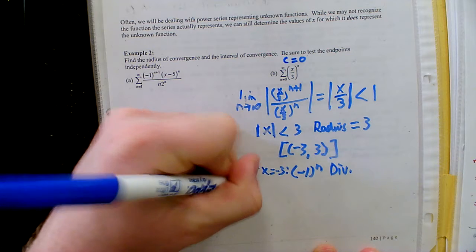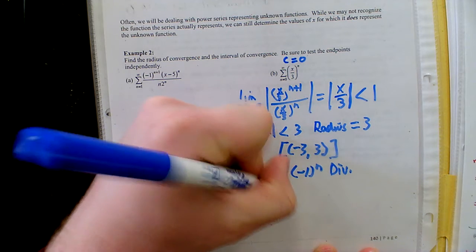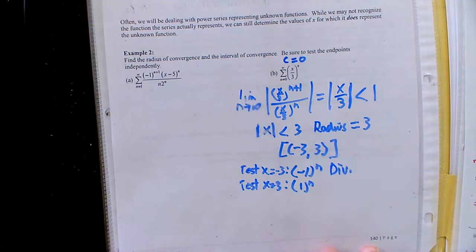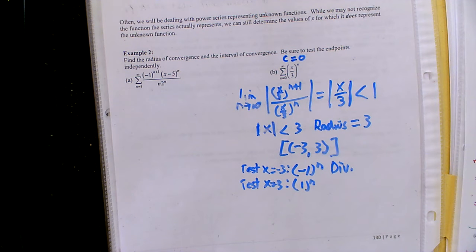Okay, let's test x equals 3, which that reduced form would be 1 to the n. So 1 to the nth power, diverge or converge? If we look back at our nth term test, what does it tell us?